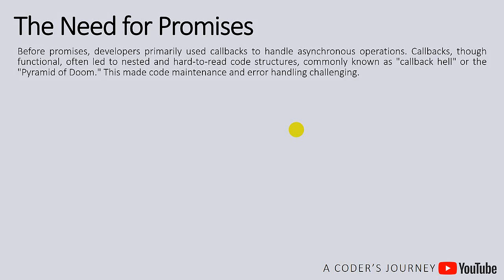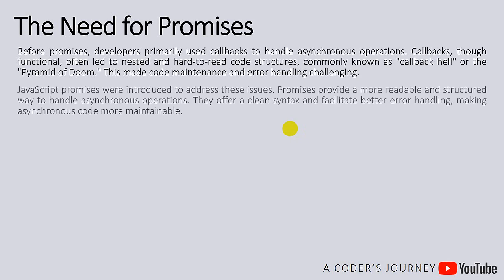Those levels of indentation, commonly known as callback hell or the pyramid of doom. Why pyramid? Because if you rotate your code, you will see a pyramid-like shape. This makes the code unmaintainable and very error-prone. It is also very challenging to debug.